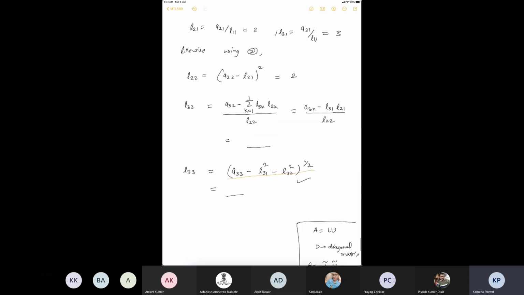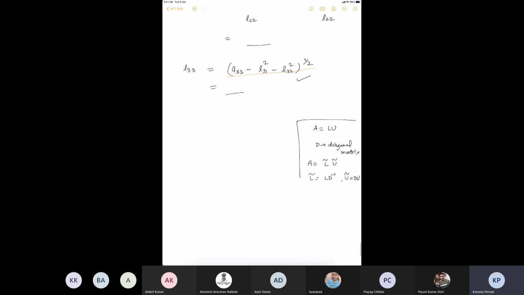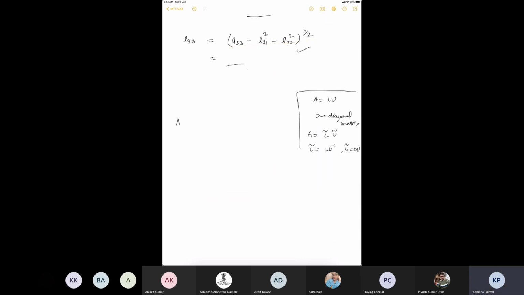But if we talk about the Cholesky decomposition, we can prove that, suppose you have A equal to L into L transpose, and suppose we have another decomposition, M into M transpose, right?